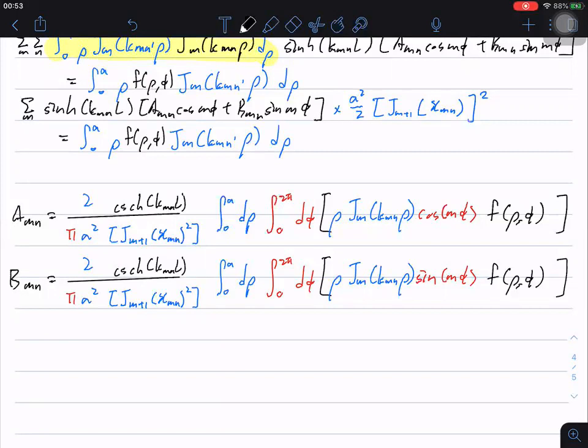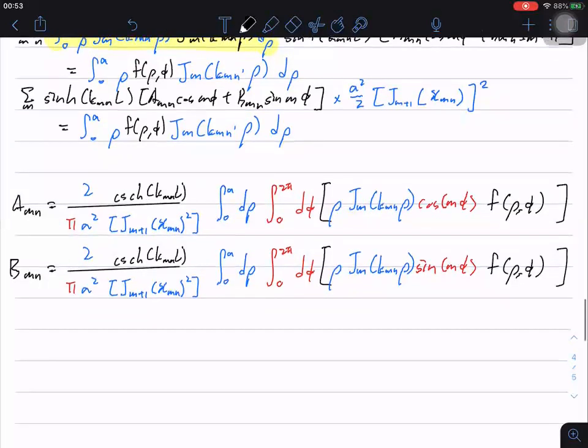After you calculate the coefficients, you plug them into the general solution we have found. Then you can find the potential. As you can see, the blue part corresponds to the Bessel series, and the red part corresponds to the Fourier series. So that's it for this question.